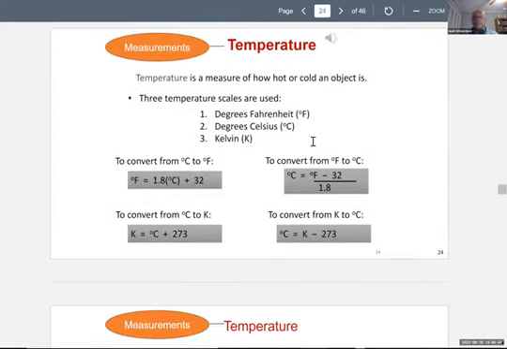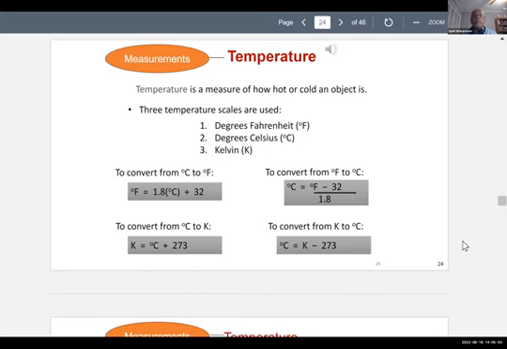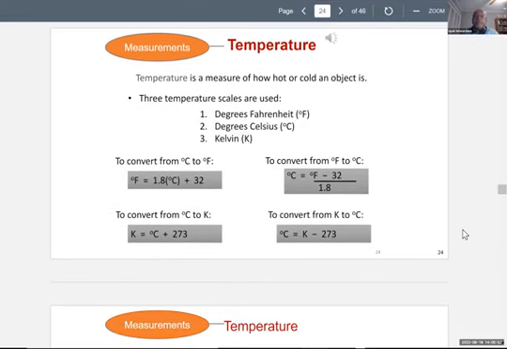One other basic measurement is temperature. Temperature is measured in 3 scales. Fahrenheit, which you are familiar with.